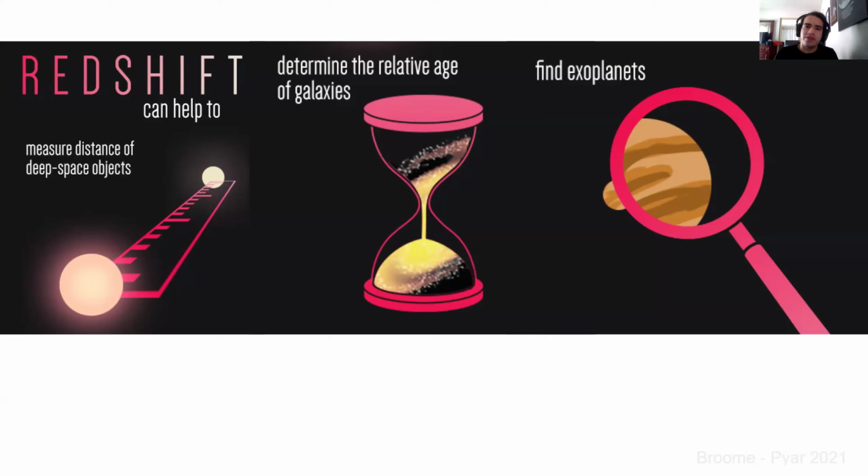And more recently than ever, we're also able to use redshift to find exoplanets. This is something I think might be touched on in the radial velocity Python tutorial. I haven't had a look at it yet personally, but I know for a fact that when it comes to detecting exoplanets around stars, the star is tugging on the planet, and the planet is also tugging a little bit on the star.